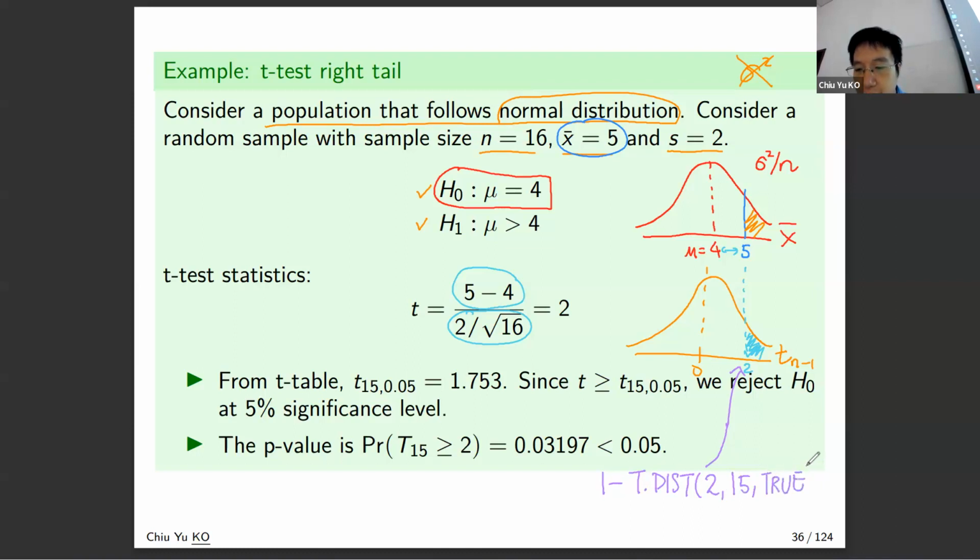Because there's one additional thing to be careful about compared to the Z: T has many versions, from 1 to infinity. Which T table to pick? You pick the right one, which is n minus 1 in this case. Because the sample size is 16, we pick the 15th table. So the calculation gives 3%, which is smaller than alpha, so reject, because this is far away enough. Is that clear?